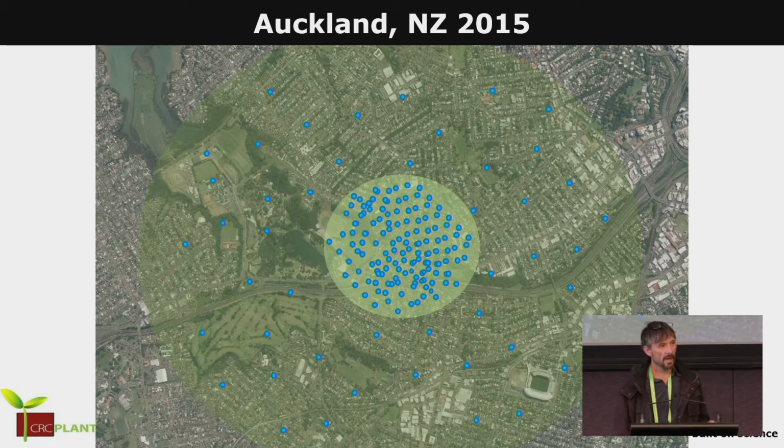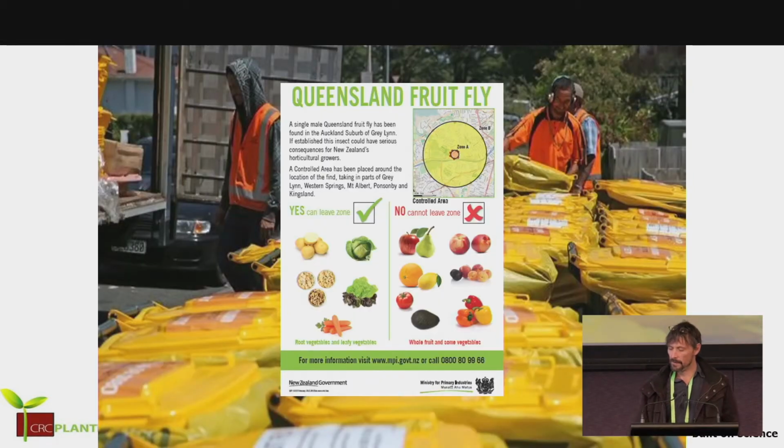And that involved a very high density of traps in the middle zone, and then a medium density of traps in that other zone, and then the normal density of traps out beyond that. It also involved lots of public education, not moving any fruit, making sure that anything went into bins.